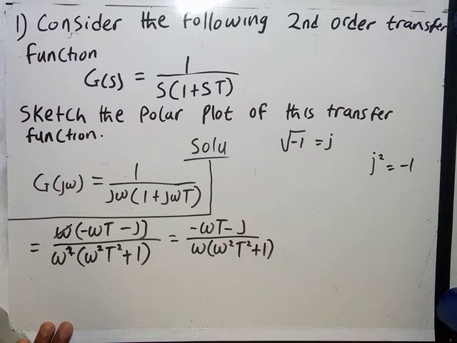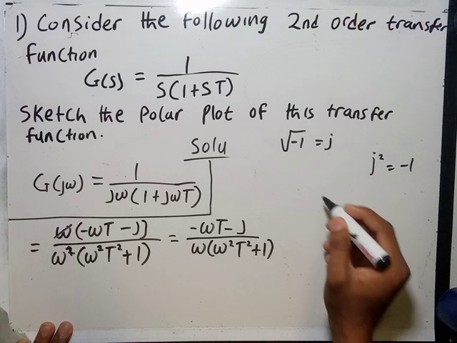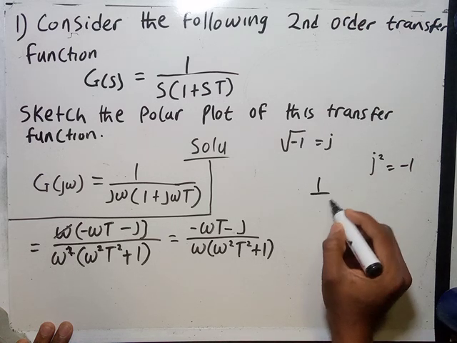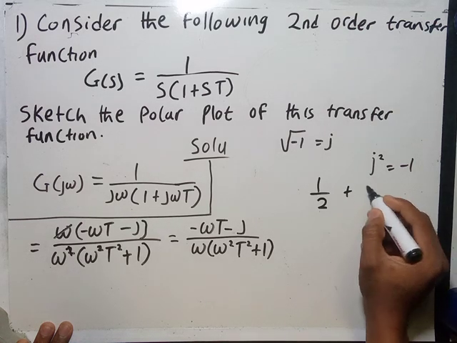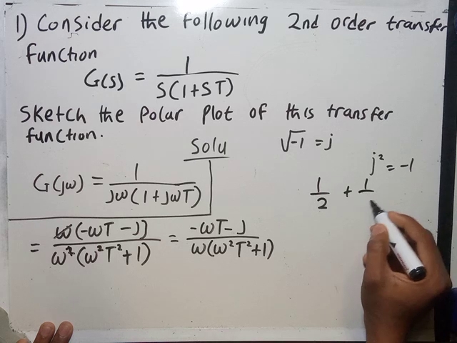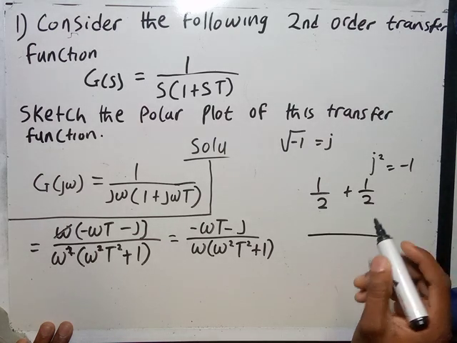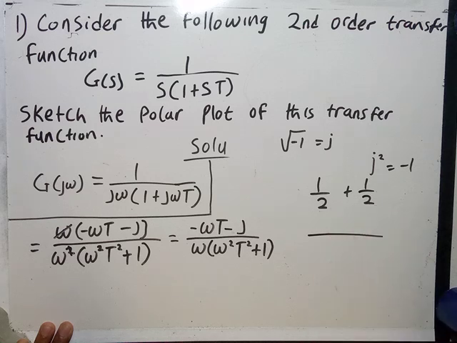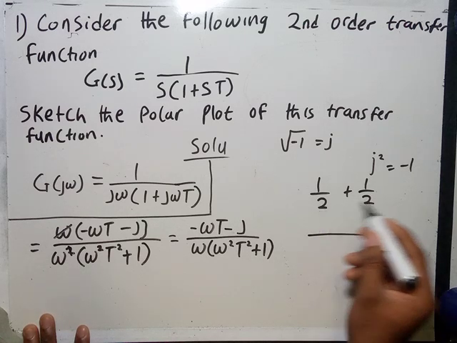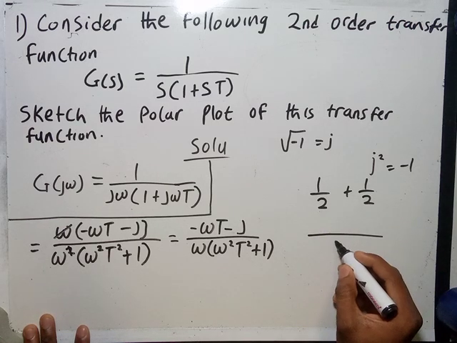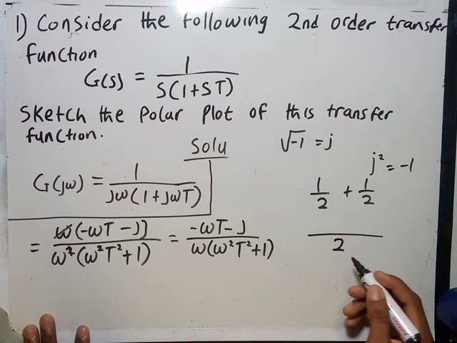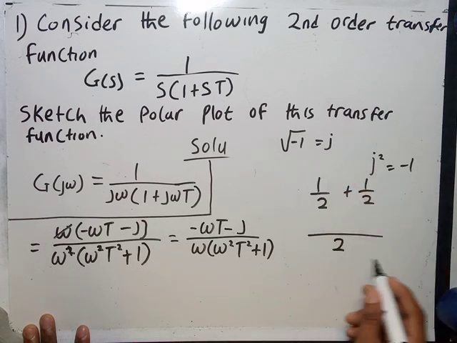Now, normally when you want to solve your fraction, let's say 1 over 2 plus 1 over 2, and you have a common denominator in maths, they will say that since the denominators are common, you can take one of them and then solve your math.